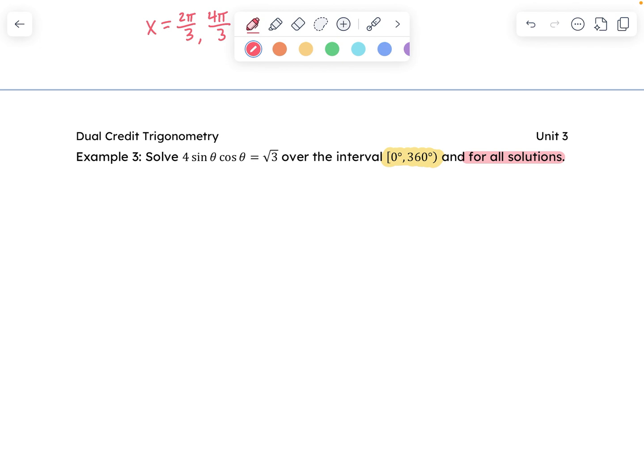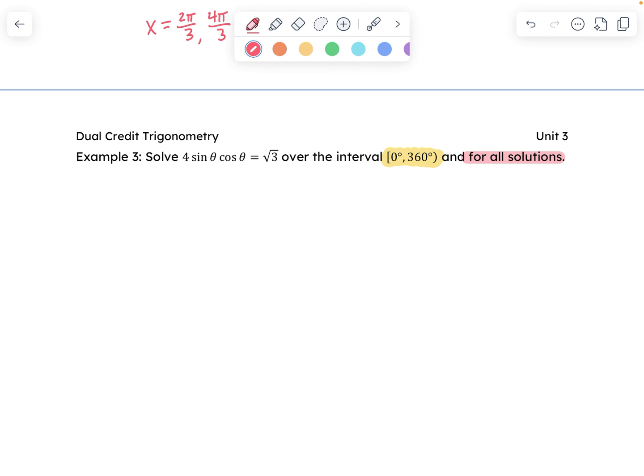So if I'm looking at my identities, I'm looking for one that's got a sine times a cosine somewhere in it. We've got our sum and difference identities, but those all have a sine times cosine plus cosine times sine or something like that. And we don't really have plus or minus another cosine times sine, so that's not going to be super helpful. Same thing for the product of sum identities.